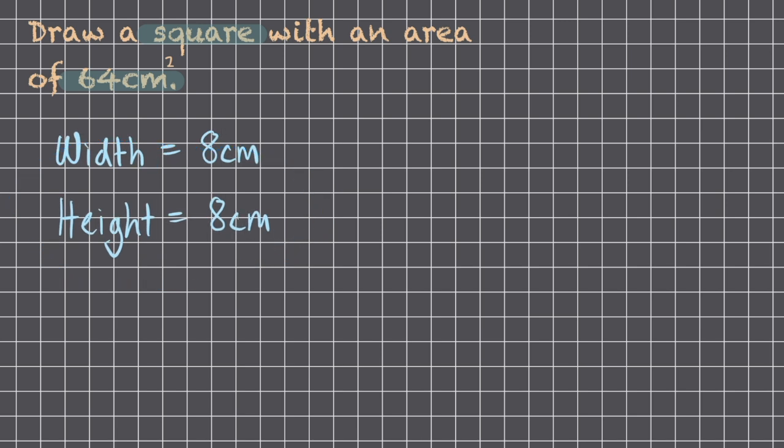Once we know that, drawing our square is going to be relatively easy. 1, 2, 3, 4, 5, 6, 7, 8. 1, 2, 3, 4, 5, 6, 7, 8, and across to there. There we go. So we've got 8 centimeters, 8 centimeters.